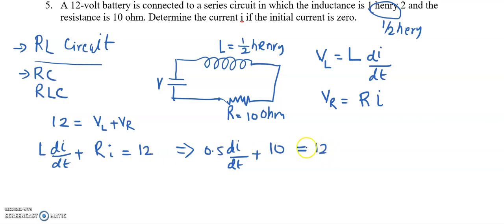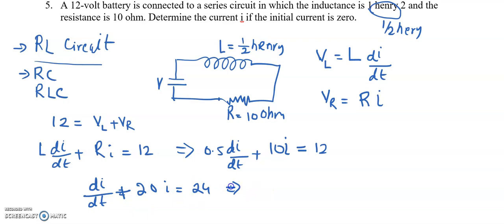Now this is a first order linear differential equation, so we can make it in standard form. di over dt plus 20 I is equal to 24.